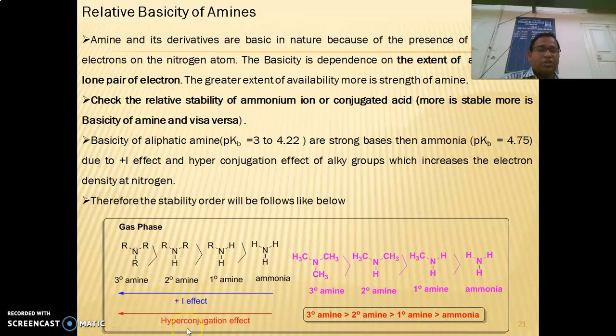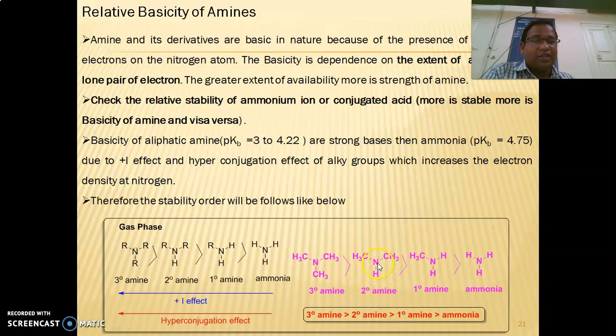What is the hyperconjugation effect? Hyperconjugation is also called the non-bonding effect. If any group or atom is bonded with a carbon, that carbon is said to be an alpha carbon. If the alpha hydrogens are greater, the extent of electron displacement or donation is greater.